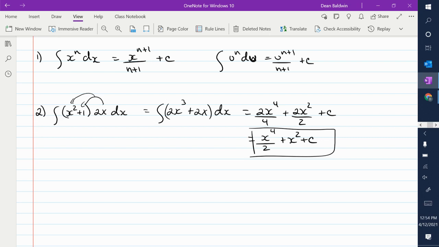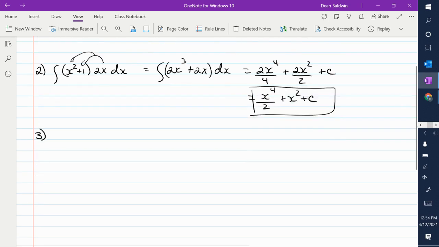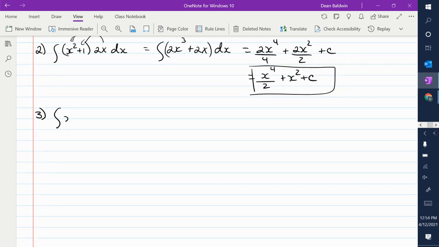We'll do the exact same question. So x squared plus 1, 2x, but I'm going to make it to the power of 4. Now, you cannot dump the 2x in. Why not? Because it means x squared plus 1 times x squared plus 1 times x squared plus 1 times x squared plus 1.